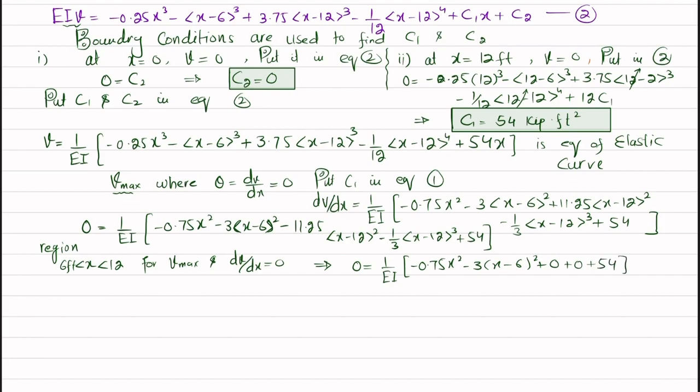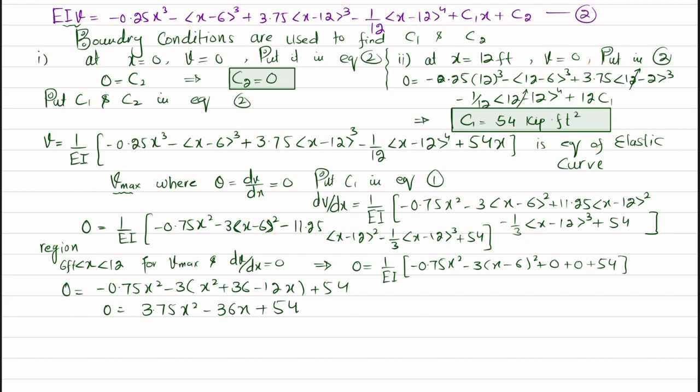If you multiply EI on both sides, you will get 0 is equal to minus 0.75 x square, and if you expand it, x minus 3 into x square plus 36 minus 12 into x plus 54. Again you will get 0 equal to 3.75 x square minus 36x plus 54.